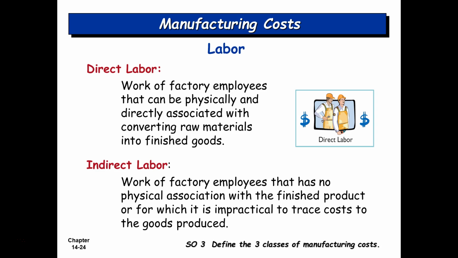Maybe our factory supervision. That might be somebody who, yes, is involved, but is really indirectly related. We can't trace the foreman to the specific product. We can trace that he's in the factory, we can trace what he's doing, but he's not directly assignable. That would be indirect labor.